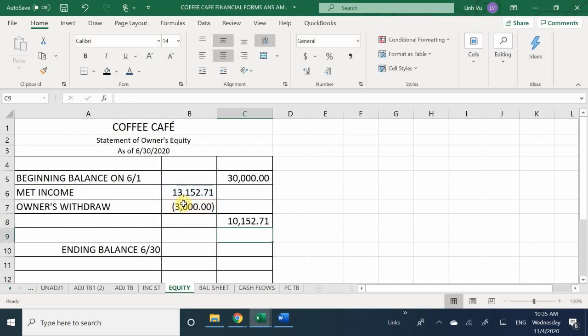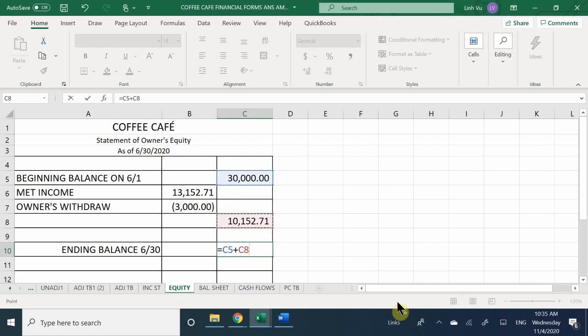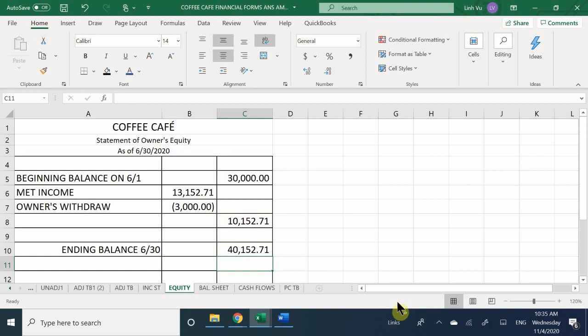And we are supposed to increase our equity by $10,152.71, bringing my brand new grand total of owner's equity to $40,152.71. So wow, the value of the company has risen by $10,000.